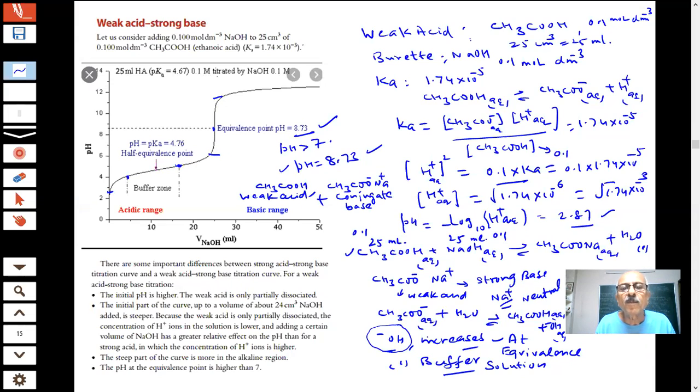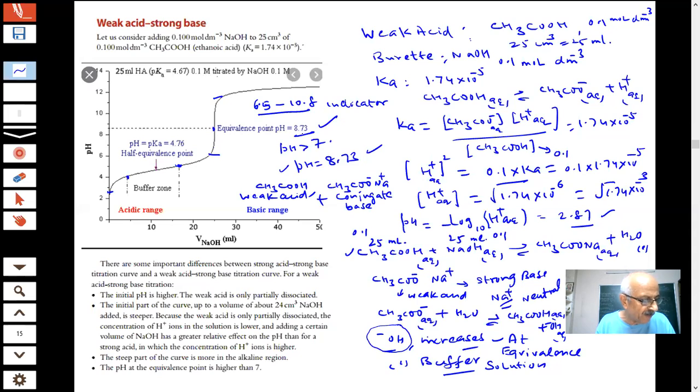So we may look for an indicator which will change color in the pH range from 6.5 to 10.8, which changes its color during this range.